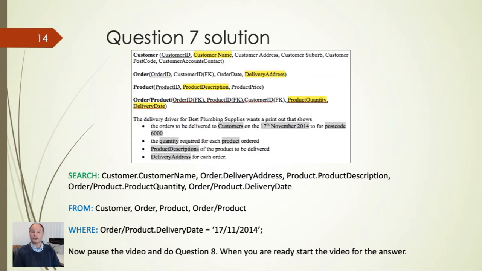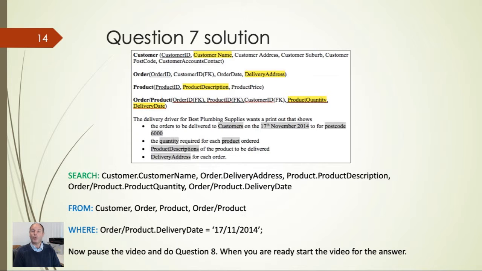Notice for order stroke product, I need to write out the table each time for the 2 fields needed in this entity. FROM customer, order, product, order stroke product.